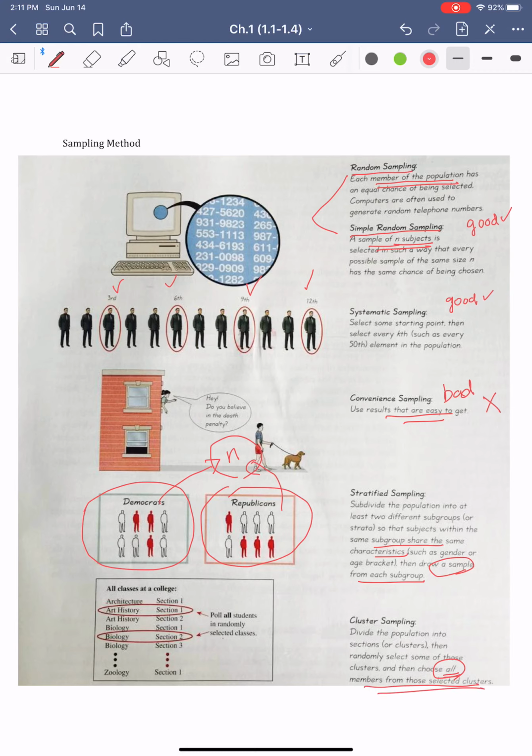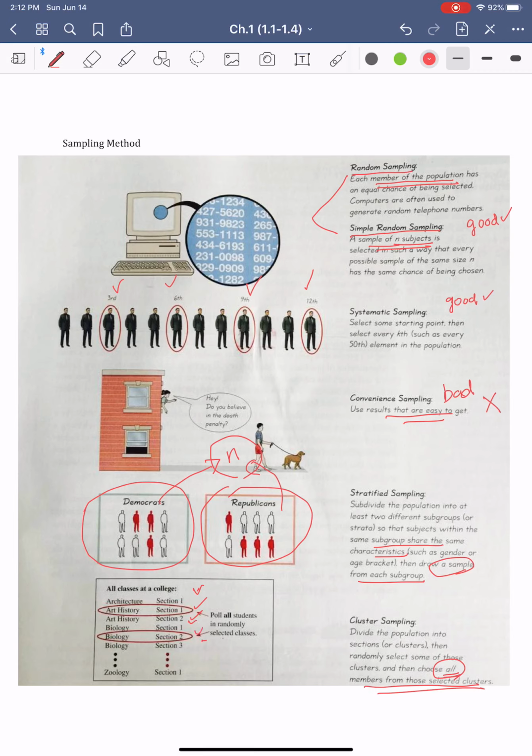In stratified, we had a group. We didn't pick the whole entire Democrat group to represent our sample. We picked a few from the Democrats, a few people from Republicans. Whereas in cluster sampling, you are dividing into subgroups. So architecture section 1, art history section 1, art history section 2. So there will be students in those sections.